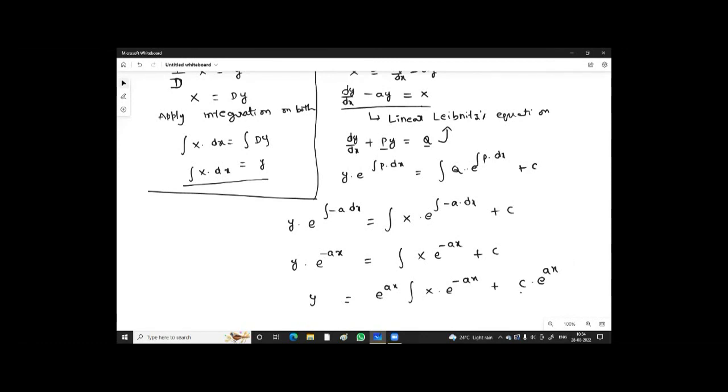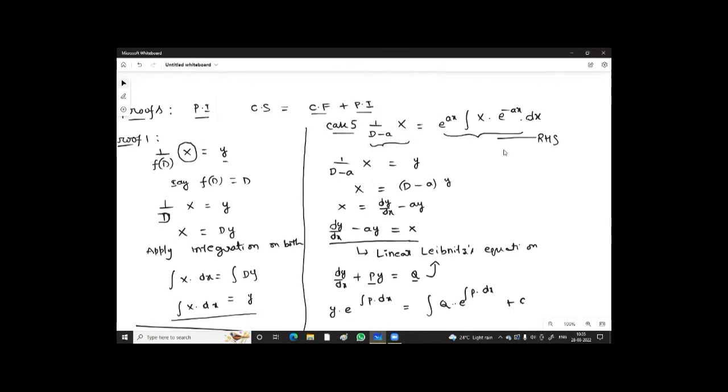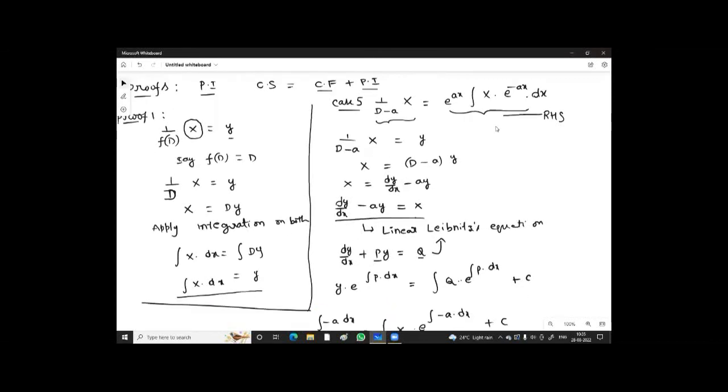This is an arbitrary constant; this term may exist, may not exist. So your output is y is equal to e power ax integration of capital X into e to the power minus ax. This is what we have written directly: 1 over D minus a operating on capital X as an input gives this solution. This is the proof for case 5.